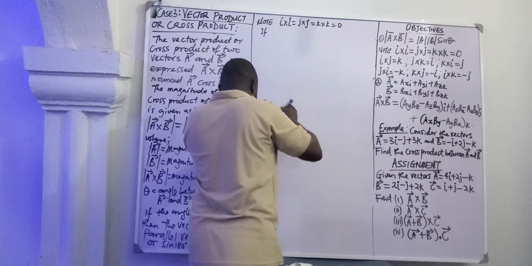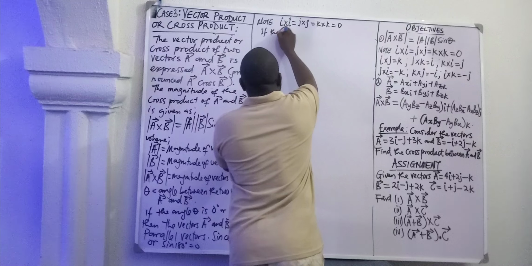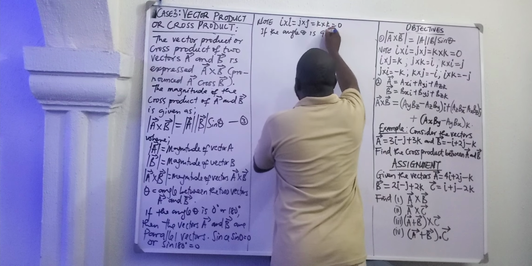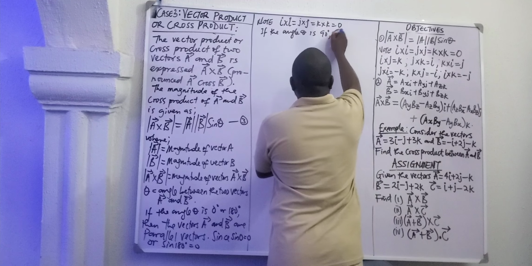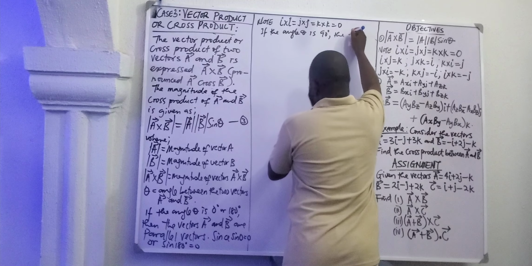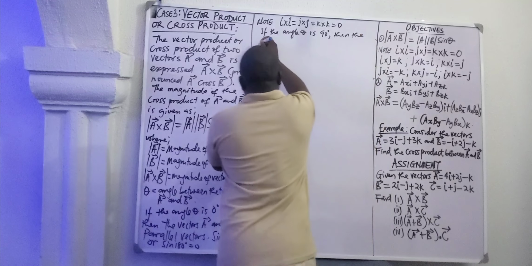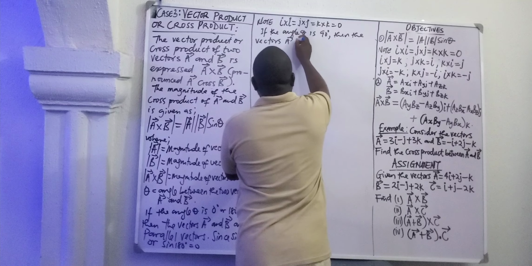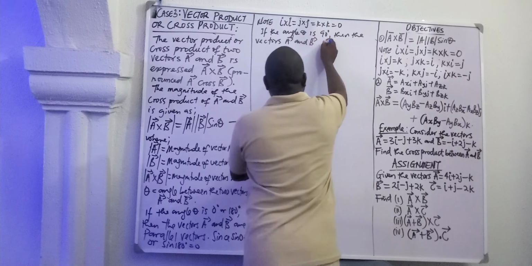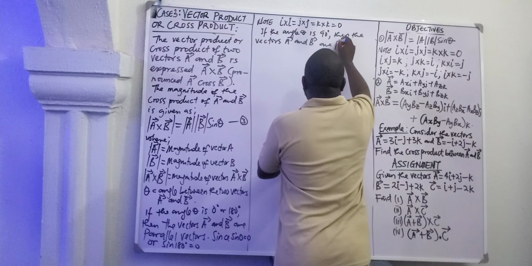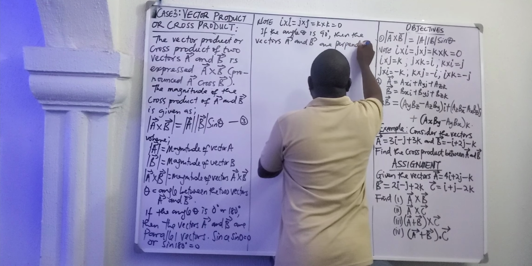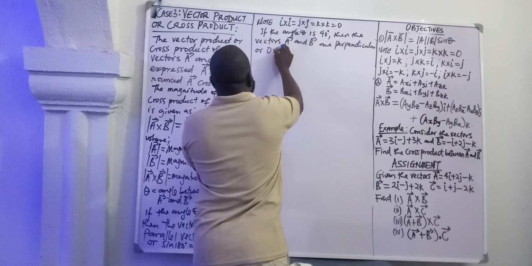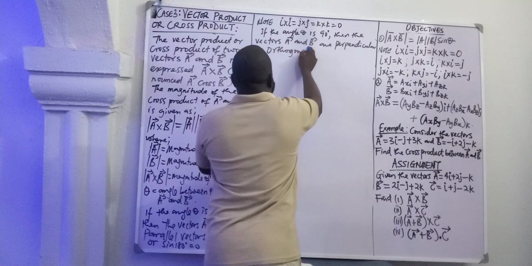If the angle theta is 90 degree, then the vectors A and B are perpendicular, or orthogonal to each other.